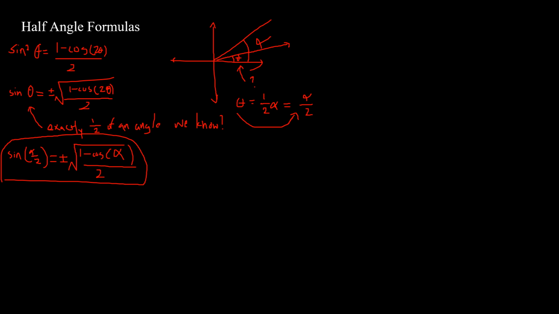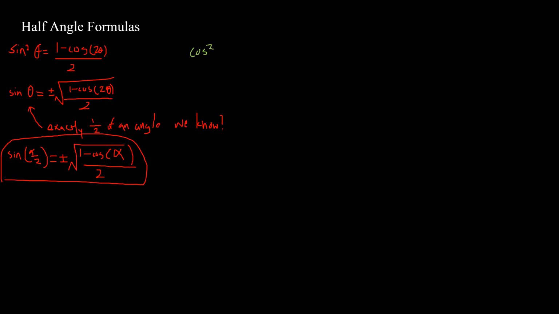So knowing this, we can move on to the other half angle formulas. Let me just erase some stuff so that I have a little more space. So we know that the cosine squared of theta is going to be equal to (1 plus cosine 2 theta) over 2.